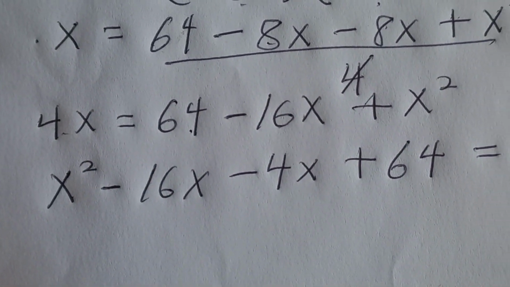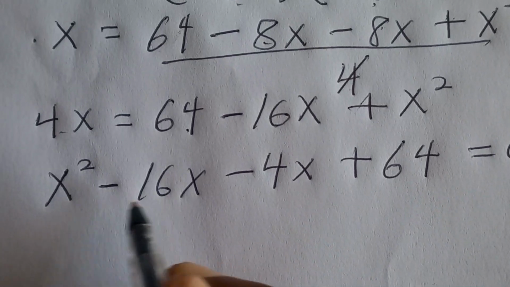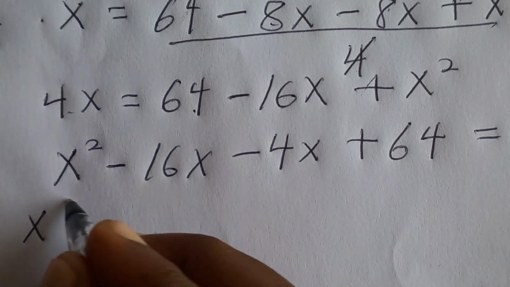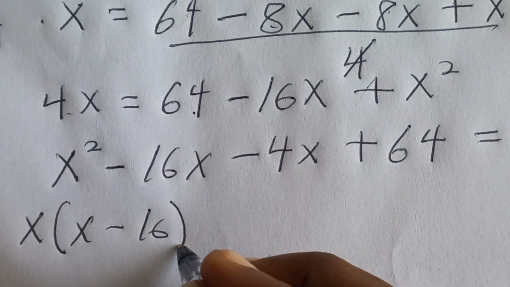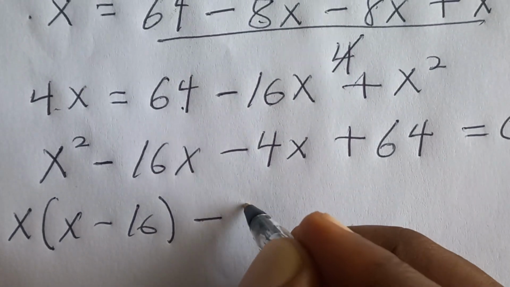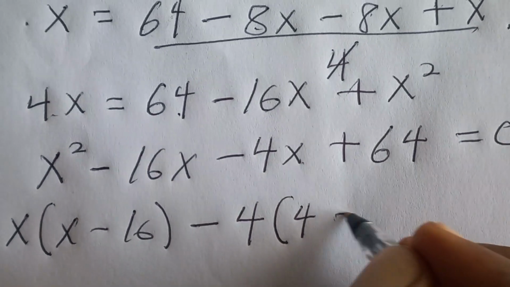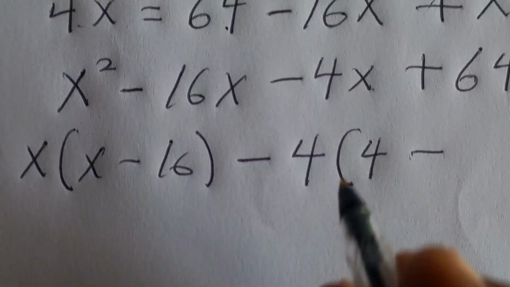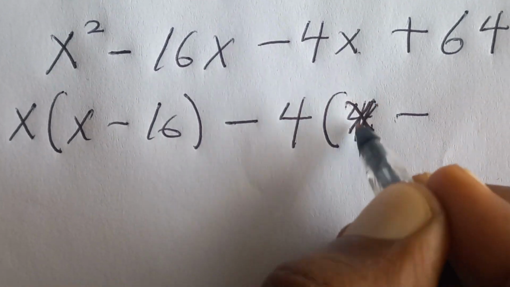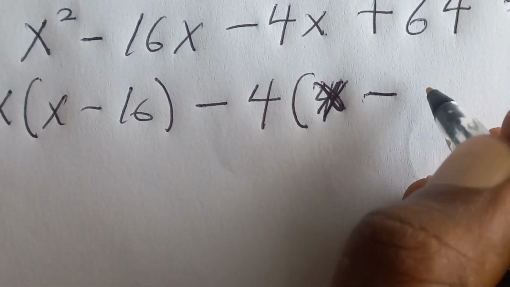So from here, we can factorize x here. So you can say x, bracket x minus 16, plus, then minus 4 into bracket x minus 16, because minus 4 goes into 64 16 times.